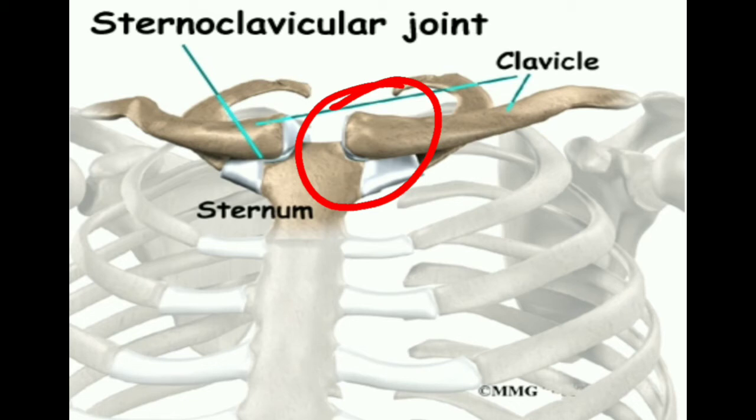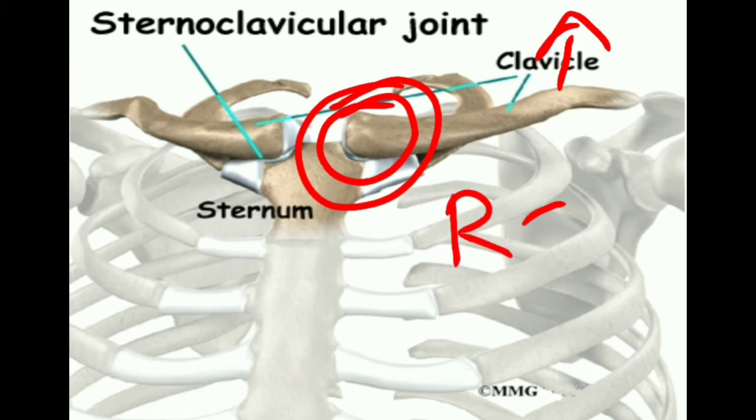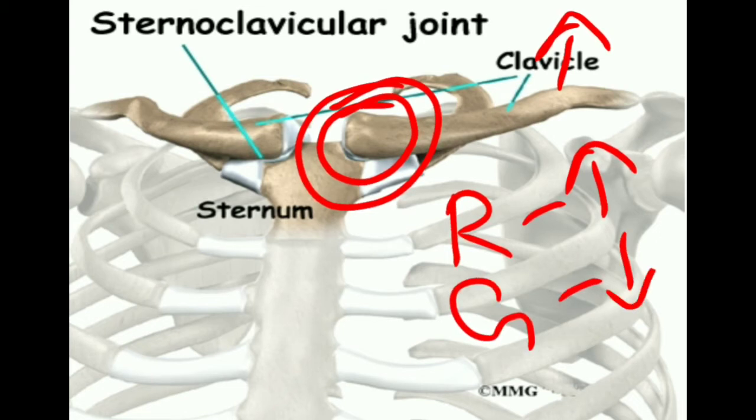So when the clavicle moves upward, or when the clavicle elevates, the medial end of the clavicle, that is the articular surface of the clavicle, will roll superiorly and gliding will be inferiorly, downwards.